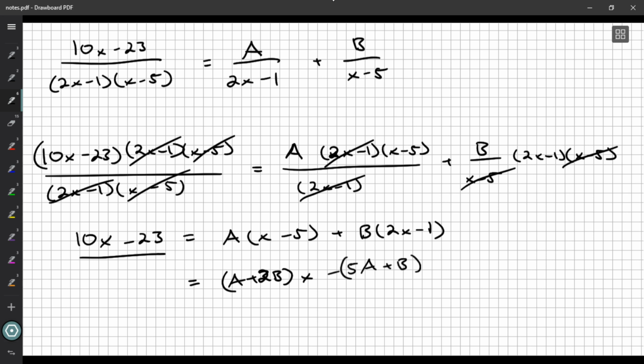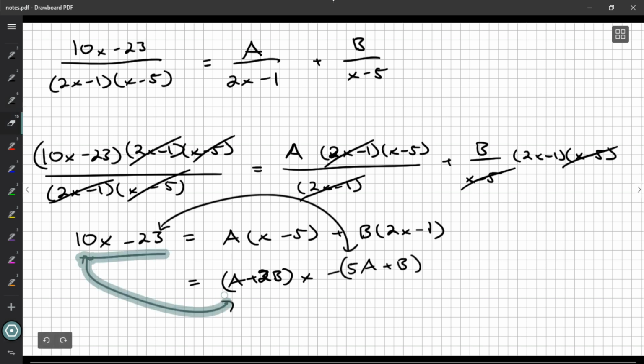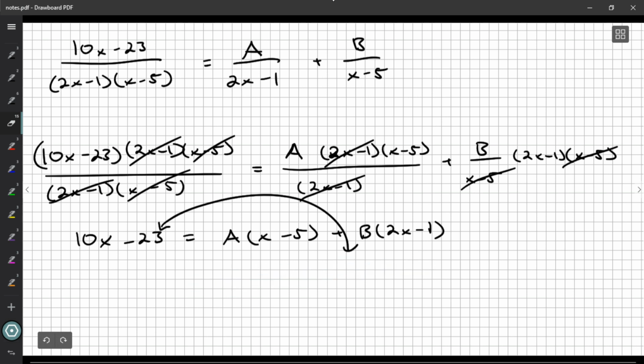And the way polynomials work is two polynomials are equal only if their coefficients are equal. So you would say, aha, that means 10 must be A plus 2B, and minus 23 must be minus 5A plus B. So that's another approach. I'm not going to do that one. Sometimes I do, but I find the plugging in roots is just a lot faster and a lot cleaner. So that's what we're going to do.